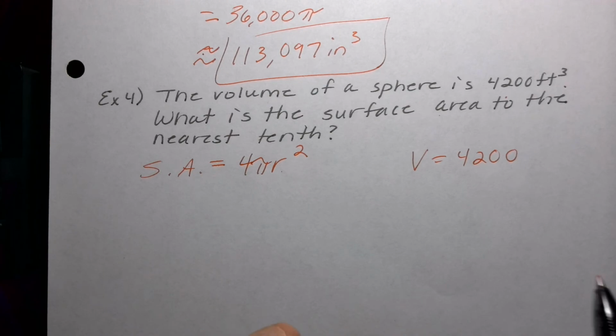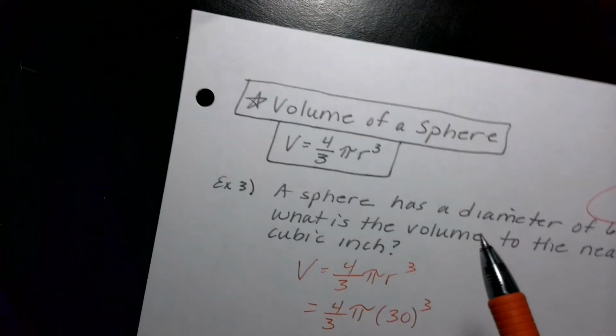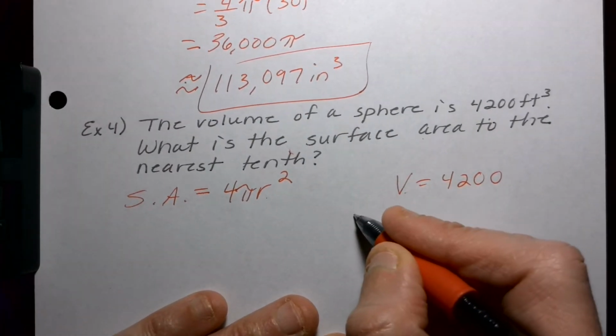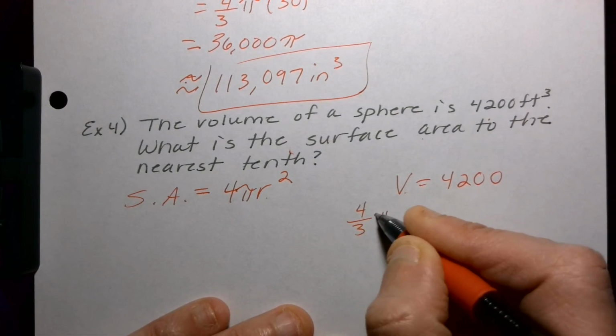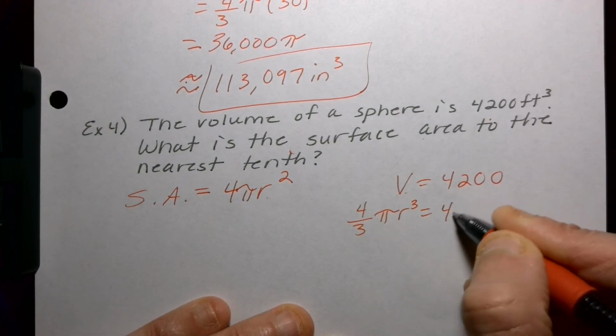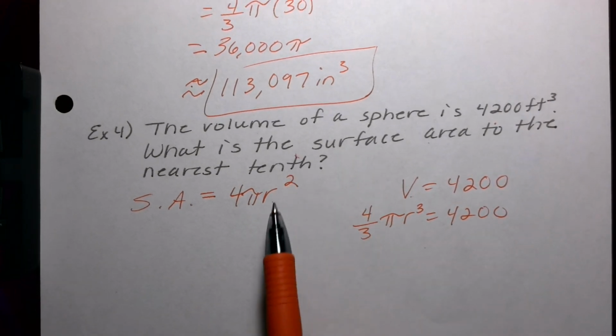So instead, I'm going to put my volume formula in place of volume. Volume is equal to this. So instead of the V, I'm going to put the formula in here. So let's do that. 4/3 pi r cubed. Now you have to solve this for r and plug it in here.